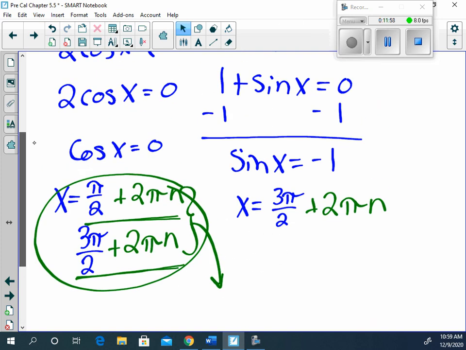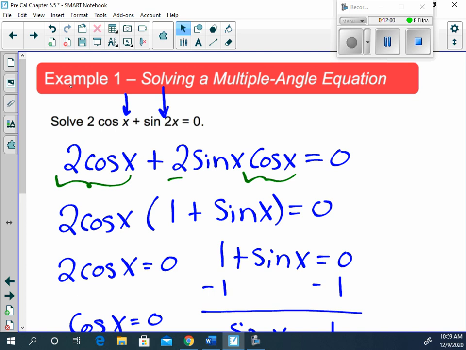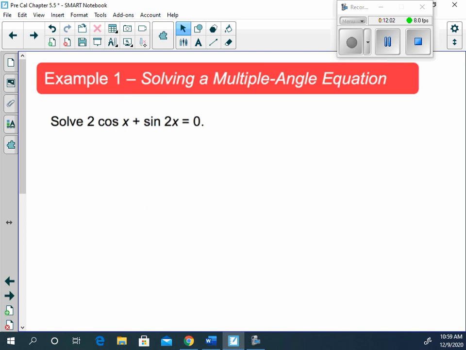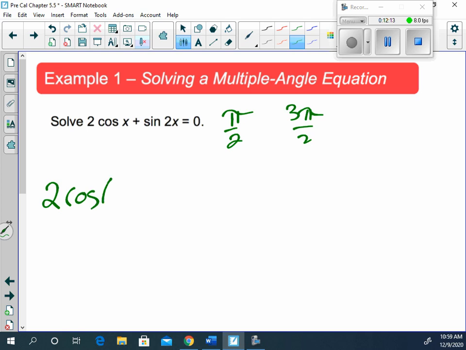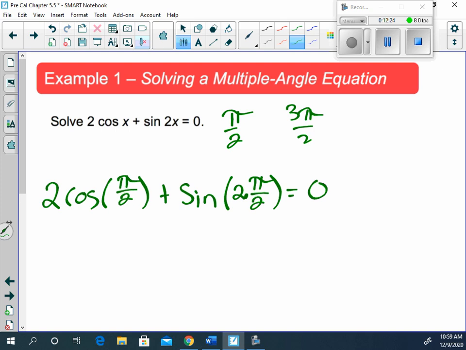Now, I'm going to come back up to the top. I want to check it. 2 cosine of pi over 2 plus sine of 2 times pi over 2 is equal to 0. Well, cosine of pi over 2 is going to be what?